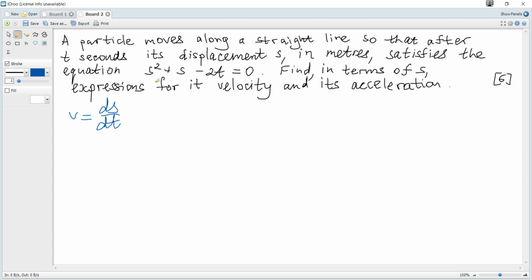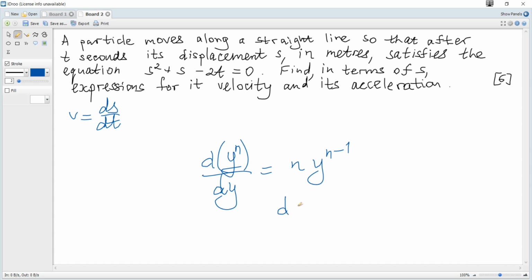And s is some unknown function of t. For example, if we are given y to the power of n and we need the derivative with respect to y, it's just n y to the power of n minus 1.